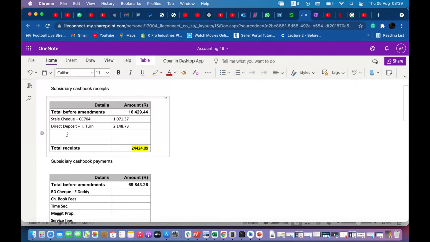Then the next one was on the 19th. I see we circled there a deposit corresponding with, I just forgot to cancel this out. On the 19th we had that deposit for 2,643.